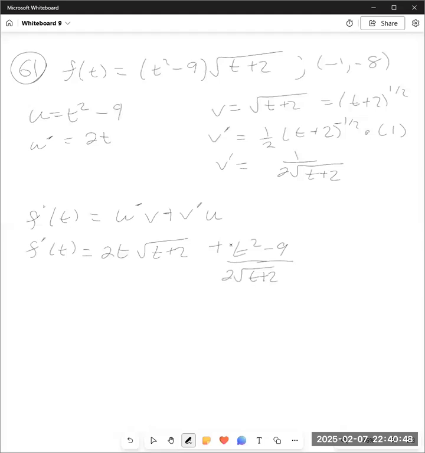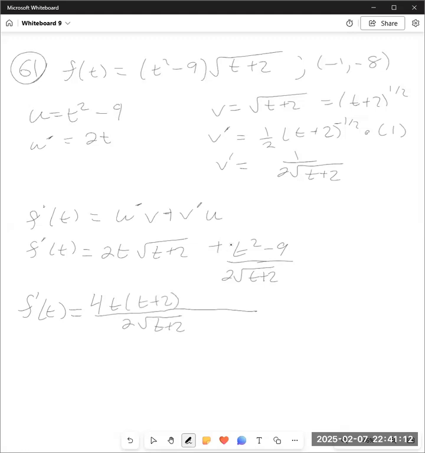So going to want to make f prime of t equals 2 times 2, which is going to be 4 root t plus 2 over root t plus 2.